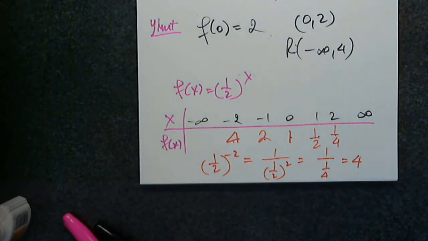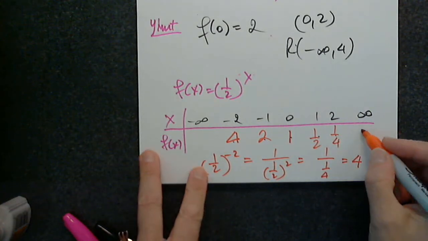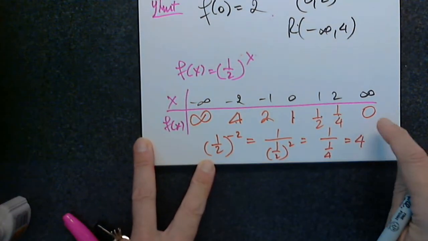1/4. I'm going that way: 1, 2, 4, 8, 16, 32, 64, 128. Where am I going? Now this way. 0. Yes. What does this mean?